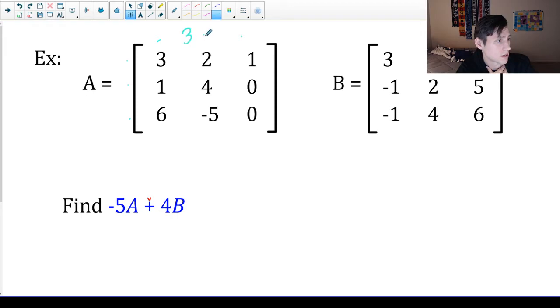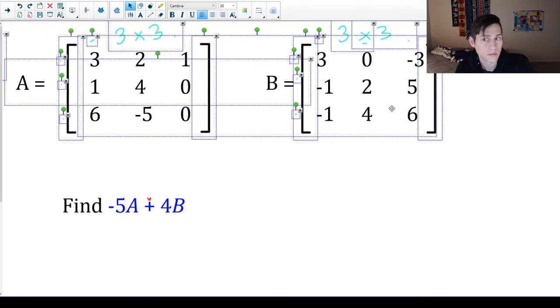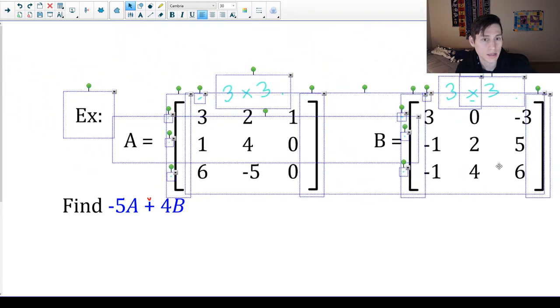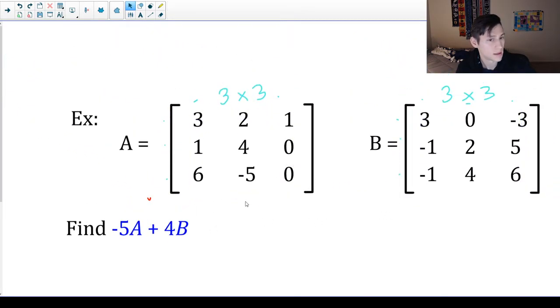So this is a 3 by 3 matrix, 3 rows, 3 columns. So this is also a 3 by 3 matrix, which means that yes, we are allowed to add these together.